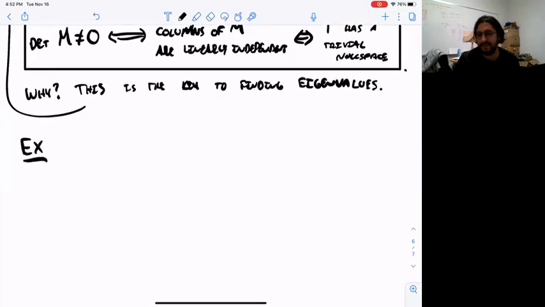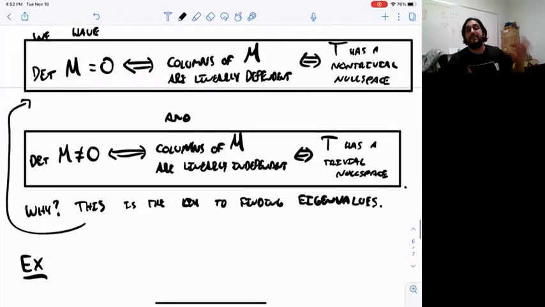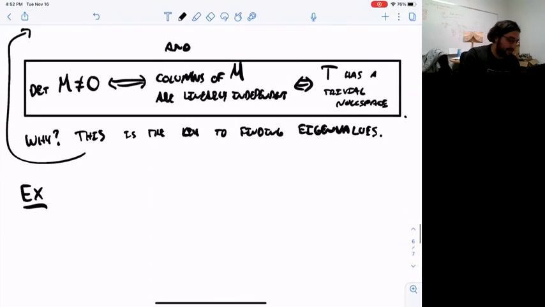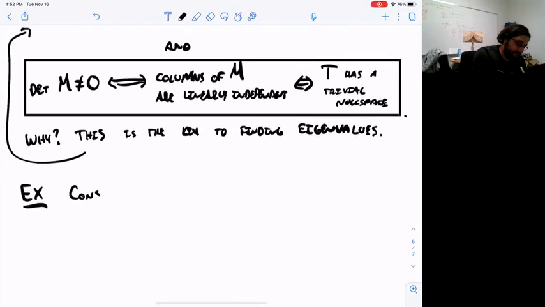I just want to illustrate this point of this equivalence, right? I want to see all three conditions be true or all three conditions false, depending on which one you're looking at in an example. So let's look at a map T that maps 3 space to 3 space, right?